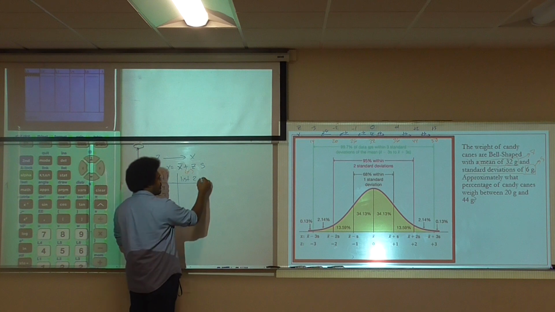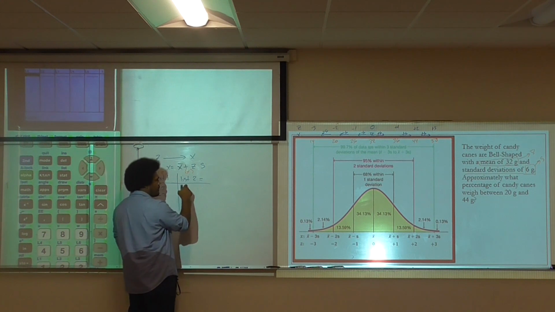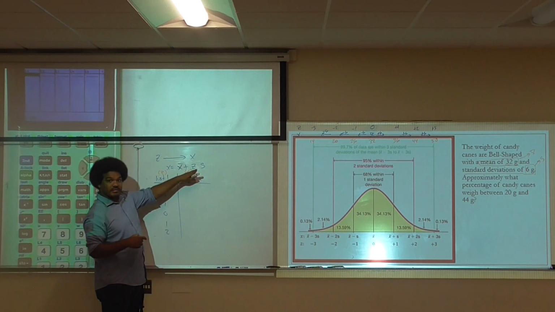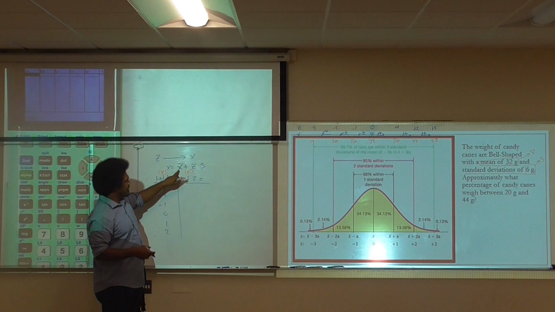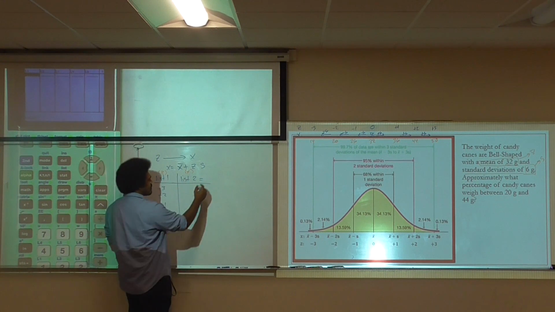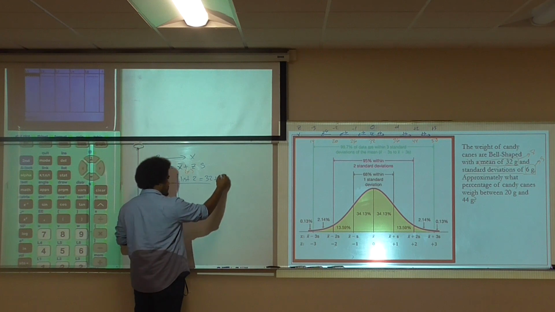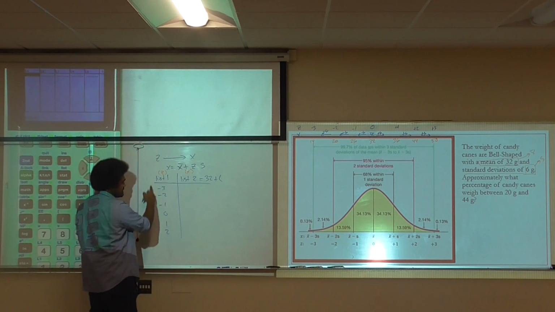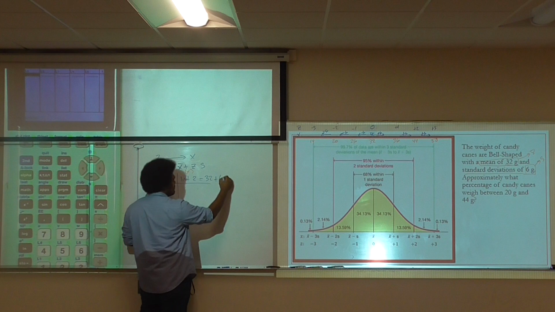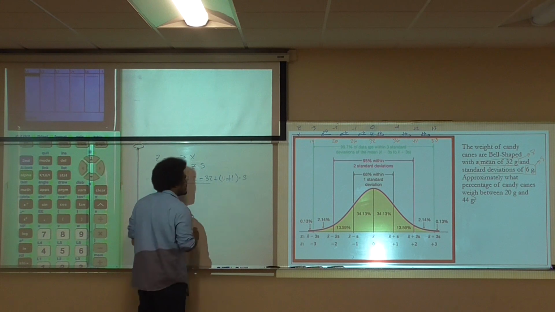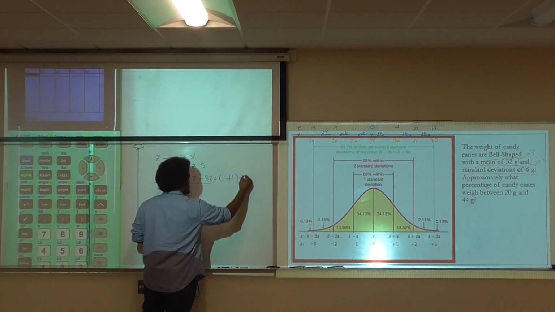So how do we obtain these values? Well, once again, we're going to do this operation. I'm going to have list 2 equal this expression using the appropriate values and lists. So the mean is supposed to be 32, so I'll write 32 right here. I'm going to add the list that contains the z's, and I'm going to multiply that list by the standard deviation, in this case 6.